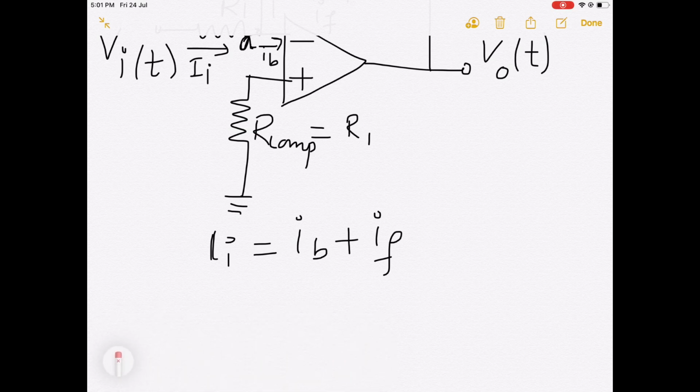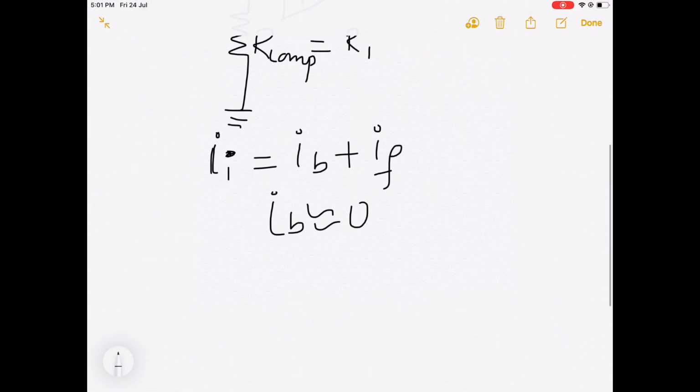So this is your I, okay, I is equal to IB plus IF. IB is small, so IB is approximately 0. Then your I is equal to IF. Okay.